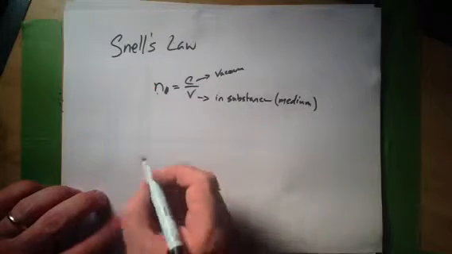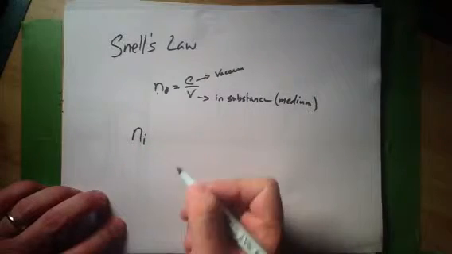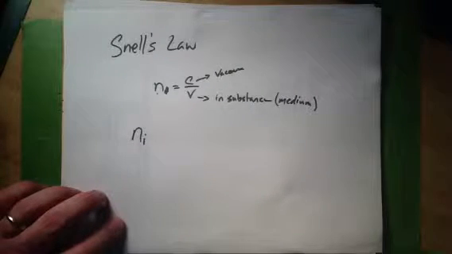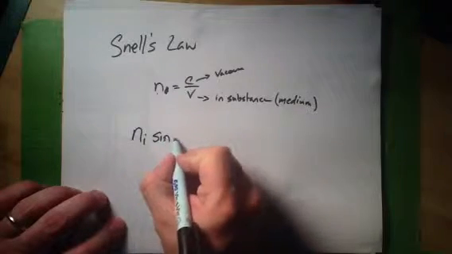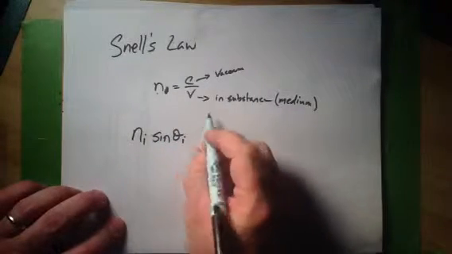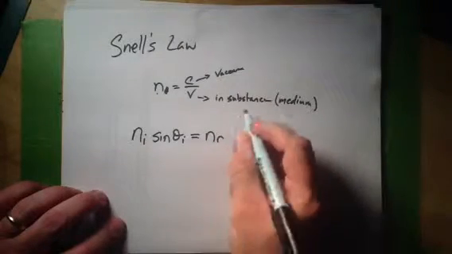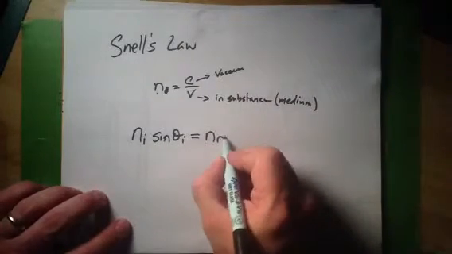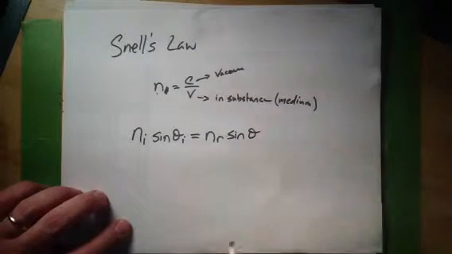Now, Snell's law itself says this. It says that the index of refraction for the incidental material times the sine of the incidental angle is equal to the index of refraction for the second material, the refracted material, times the sine of the refracted angle.